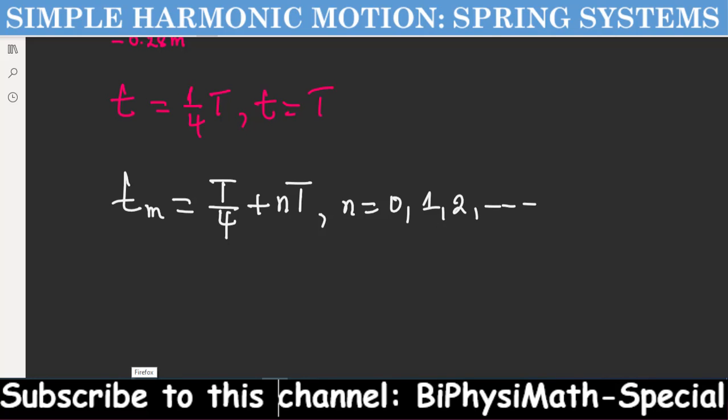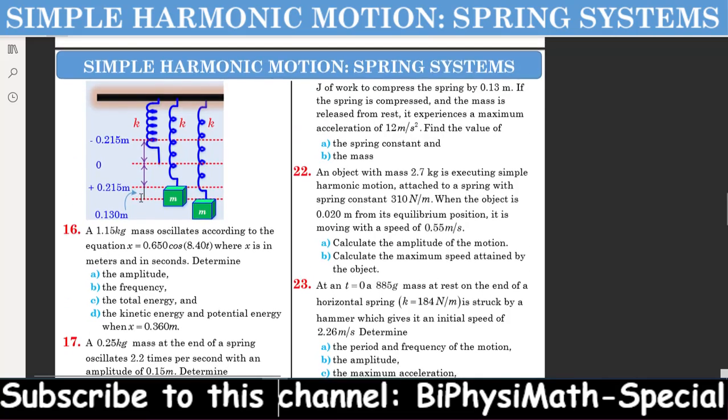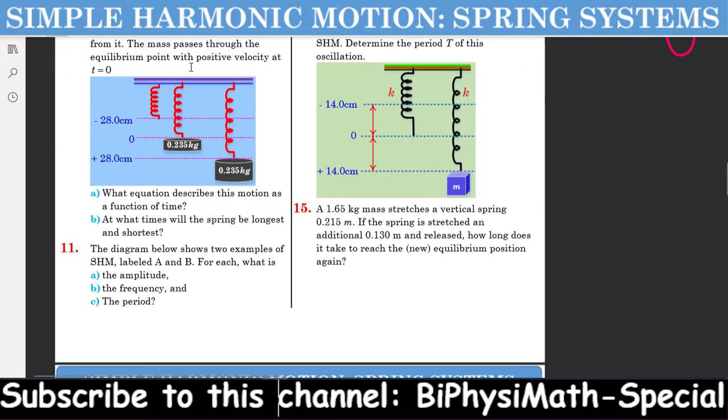Also in our problem number 10, we are asked to find the times at which we have the shortest spring displacement. Shortest and longest.